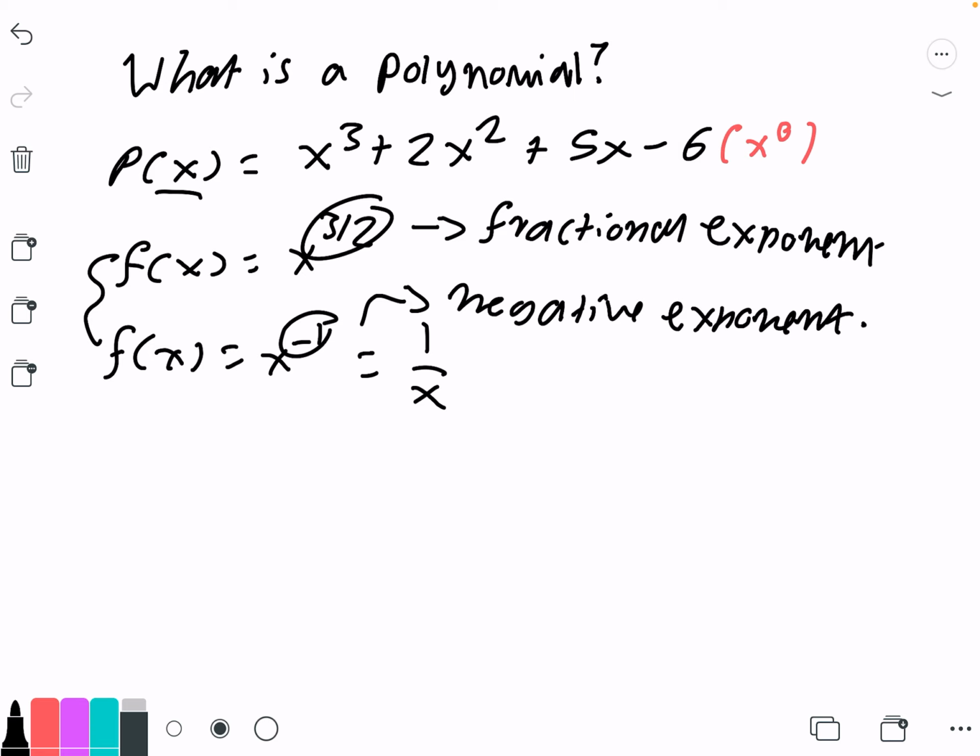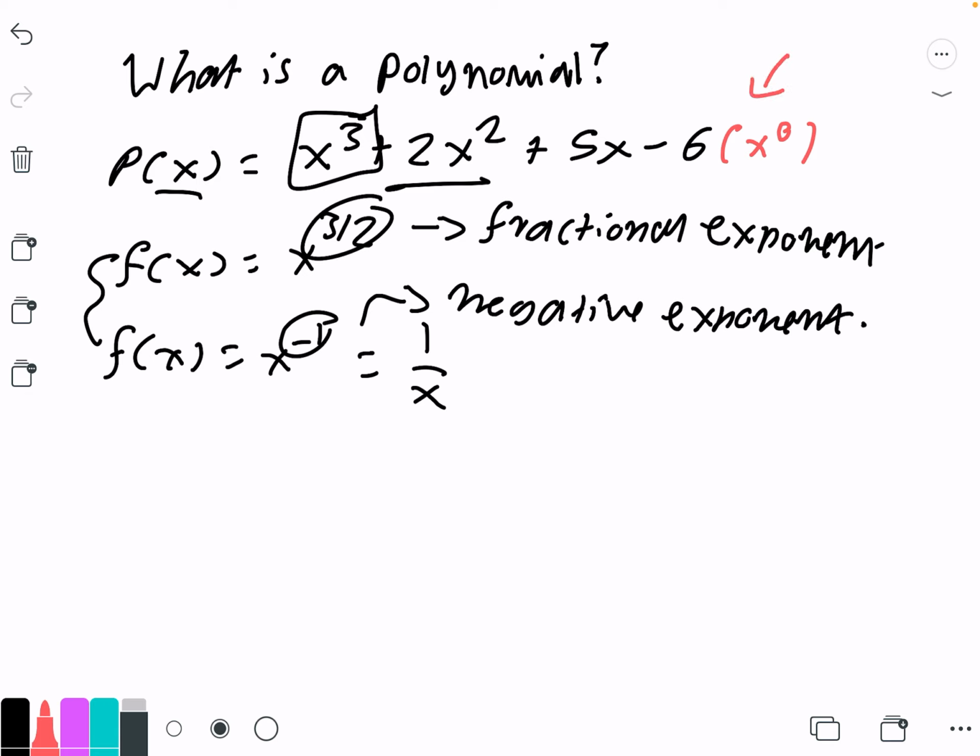The actual coefficient of the term doesn't really matter. It can be whatever number we want, and these don't have to be integers. The only condition that we really need to stress is that you have a non-negative power of the variable in every term. Notice I put x to the 0 in red parentheses here.